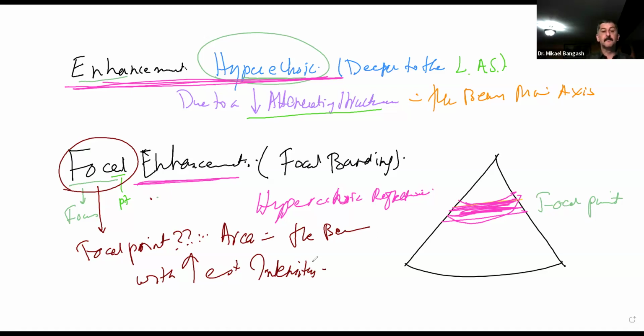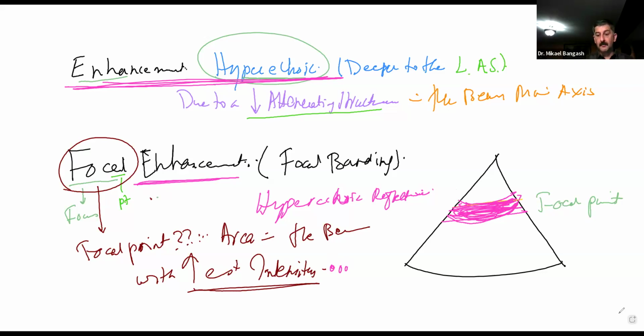Did that make sense? So mainly because of the highest intensity, you will have an increased intensity of the reflections produced at this point here.